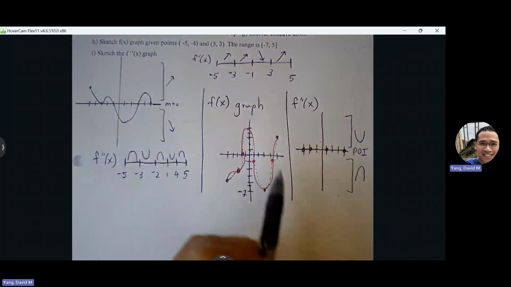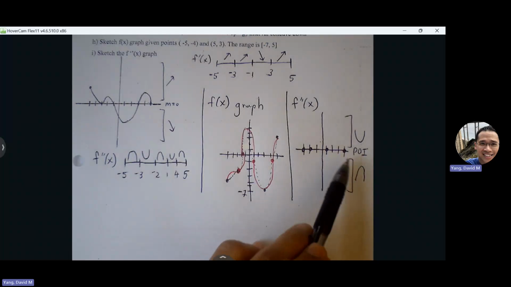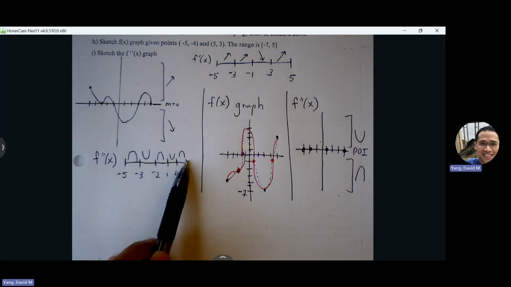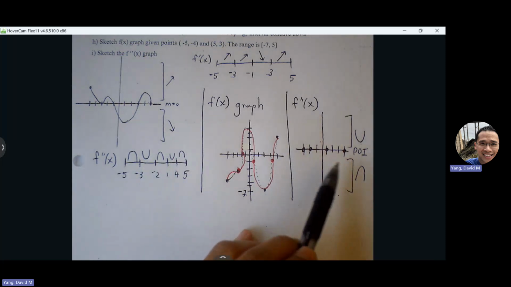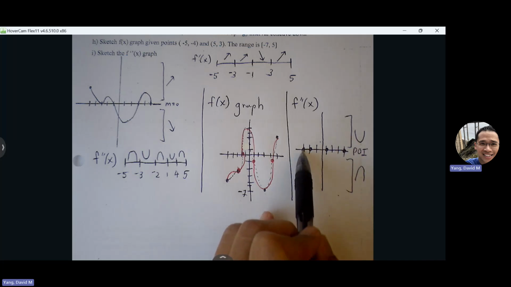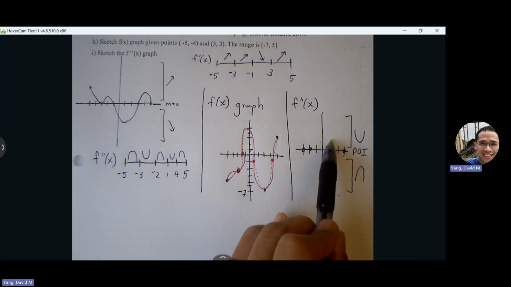And you're just threading between these points. This tells you you're going to start below, then you'll be above the x-axis, then below, then above, then below. And the shape is not going to match what you would expect, so don't worry about the shape. Just have the graph go through these points.